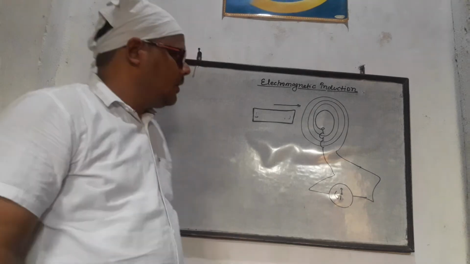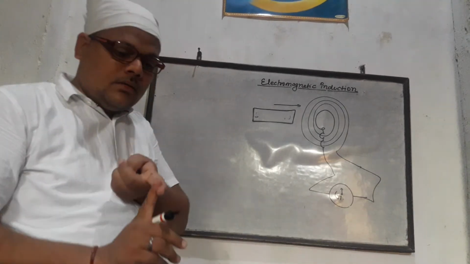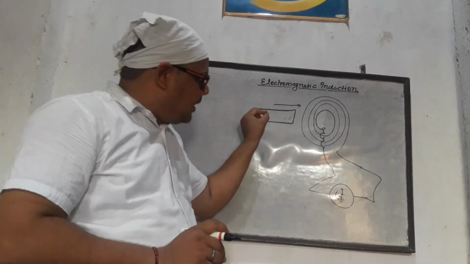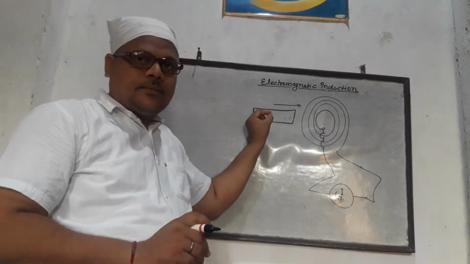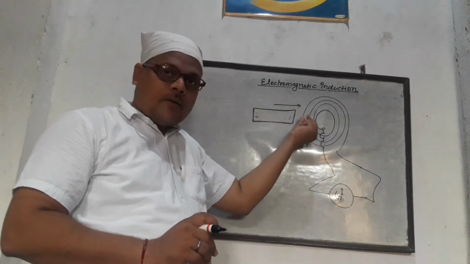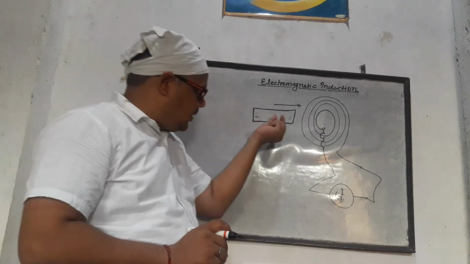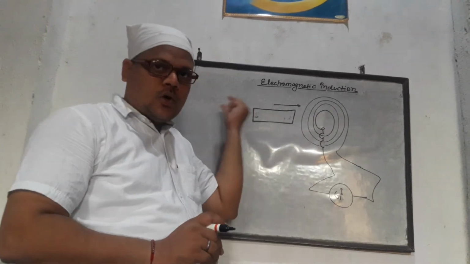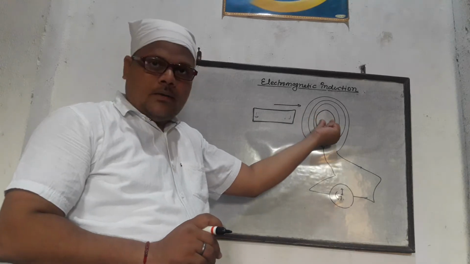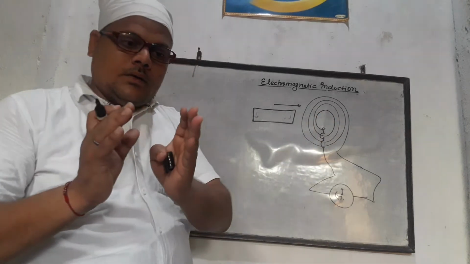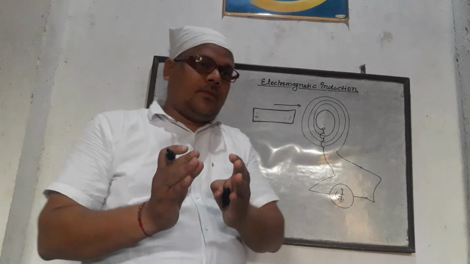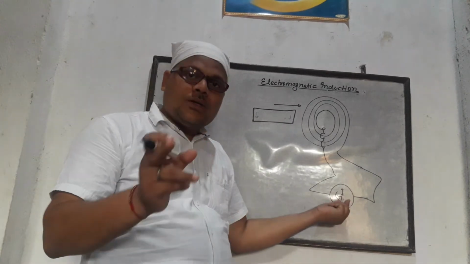Okay? And the second process is when this magnet goes backward from the coil, in the opposite direction of the coil, then again the galvanometer shows deflection.